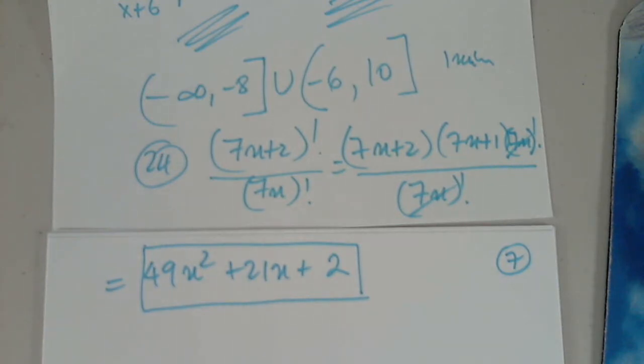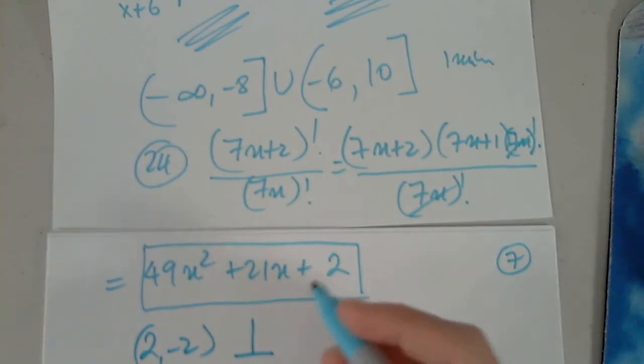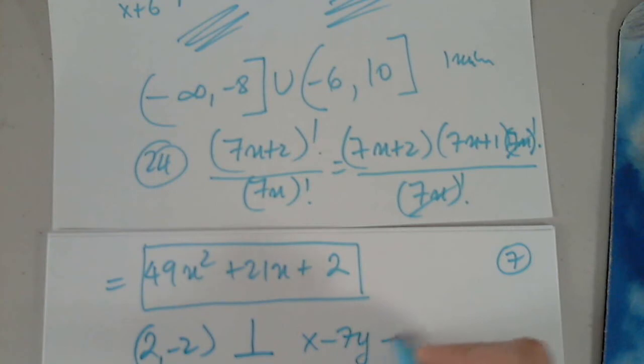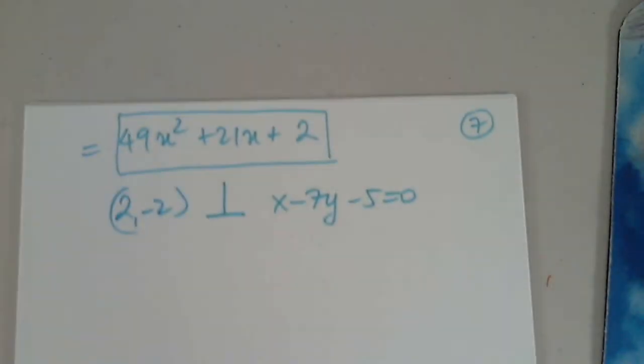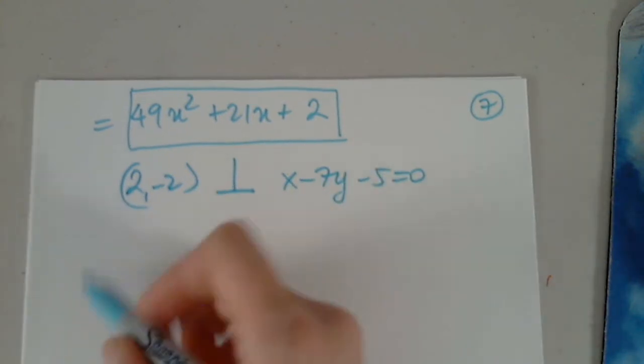13, 8. Is the given conditions to write an equation for the line in point slope form and general form. So it passes through 2 comma -2 and is perpendicular to the line x minus 7y minus 5 equals 0. Very good. So here's the scenario.